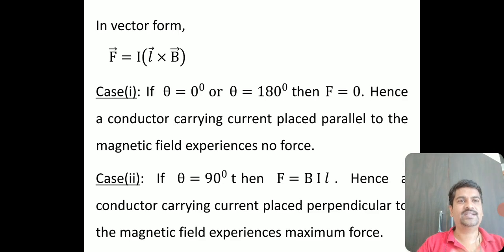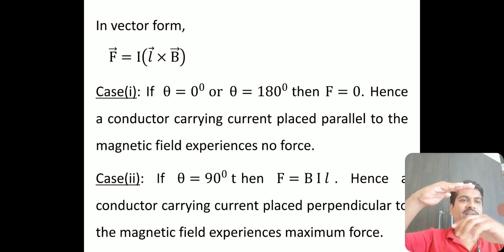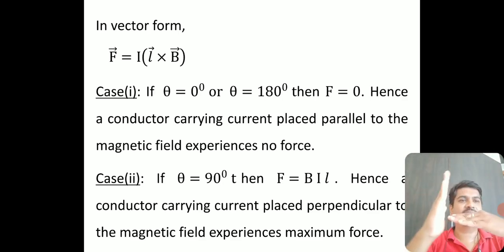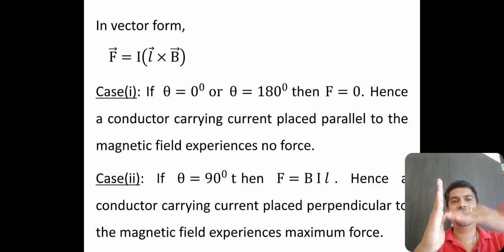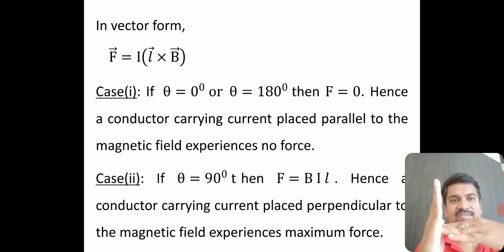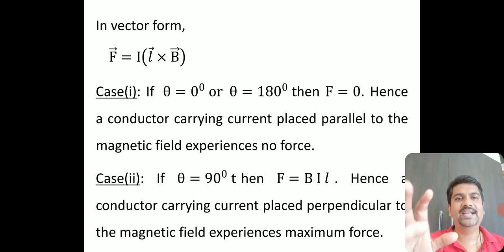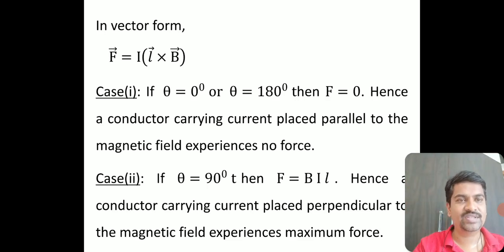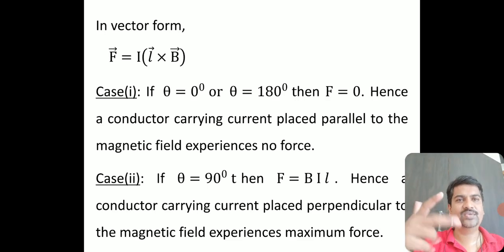That is the first case. Suppose it makes an angle of 90 degrees, the conductor is perpendicular to the direction of magnetic field. A conductor carrying current placed perpendicular to the direction of magnetic field definitely experiences a maximum force. F is equal to BIL. These are the two cases.